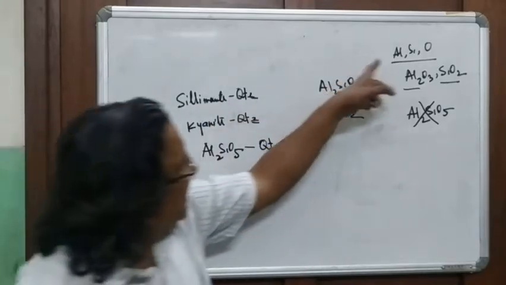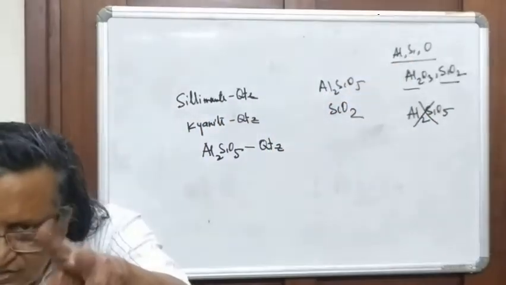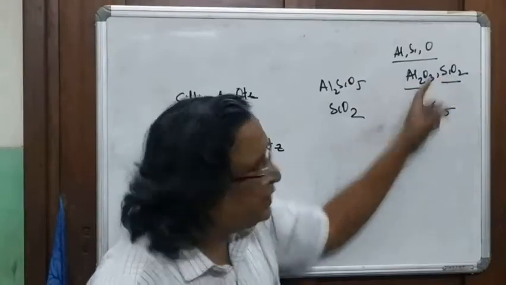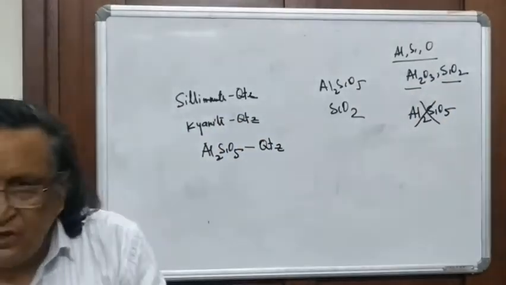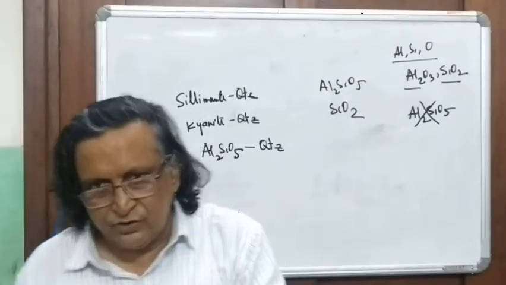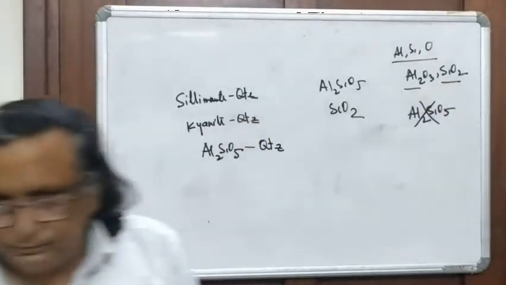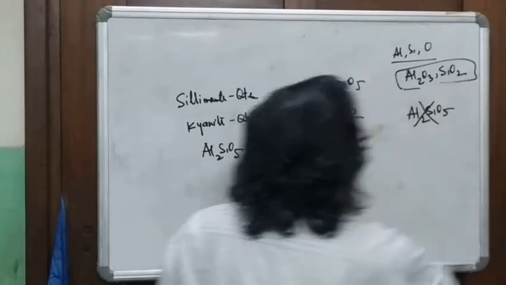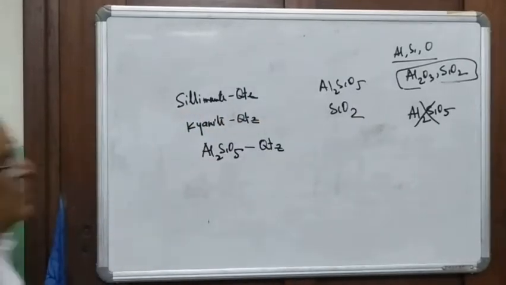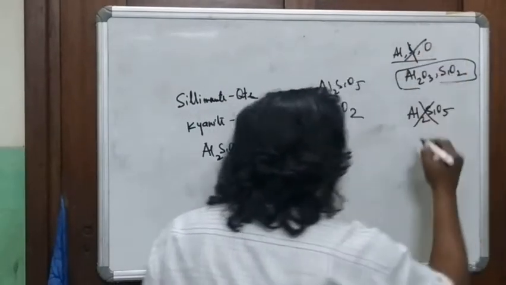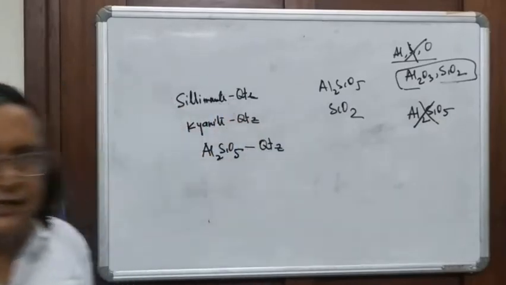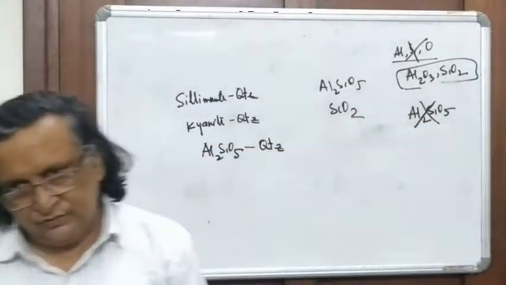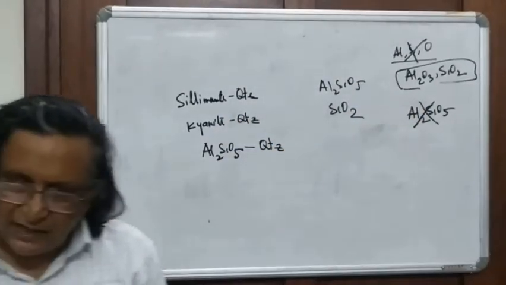We are left with Al-Si-O, 3 system components, or Al2O3-SiO2, 2 system components. And you would say minimum number of components. So it's a 2 component system. This is acceptable. Not this, because it's too many, and not this, because it's too few. This is correct: Al2O3 and SiO2.